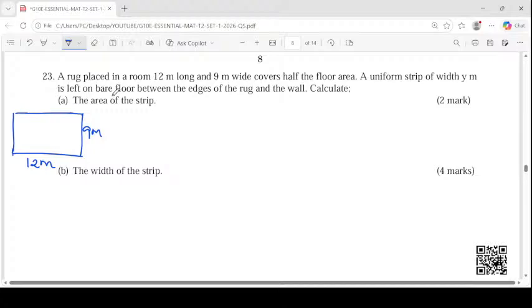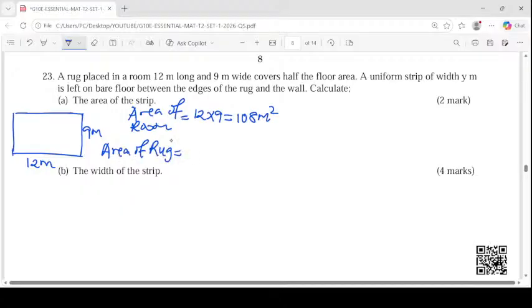So first, let us see the area of the room. The area of the room will be 12 times 9 to give you 108 square meters. Then now, the area of the rug.